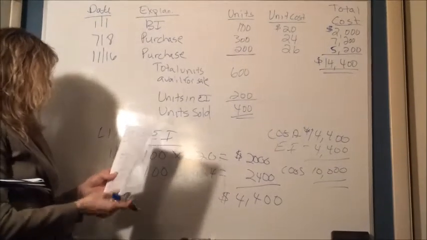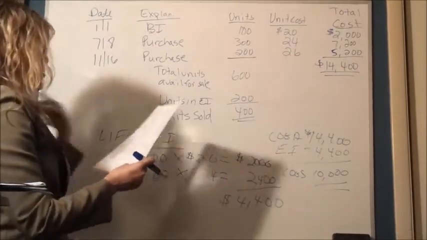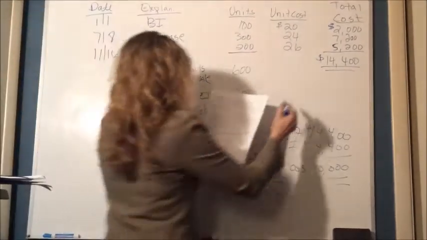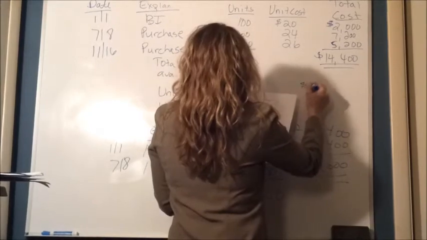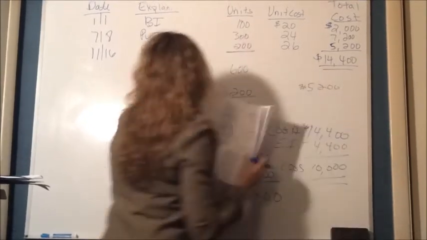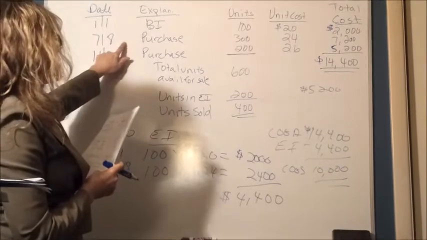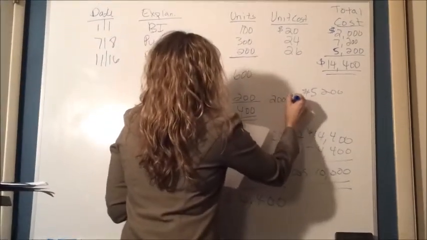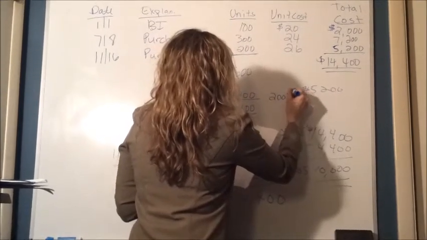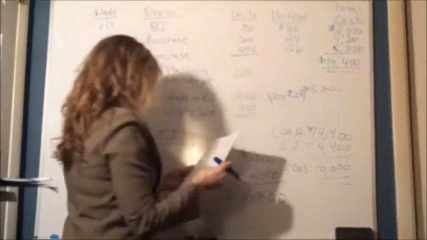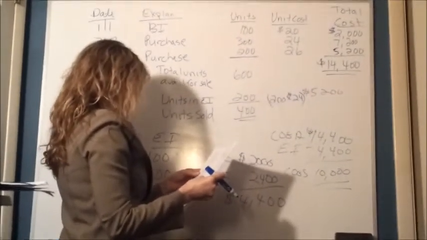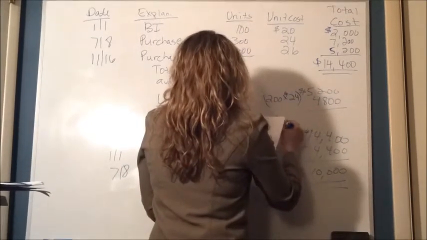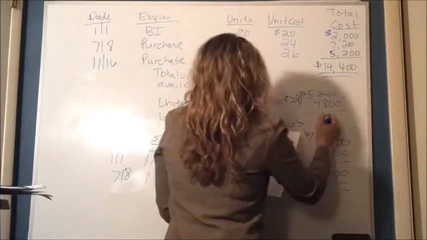Again, I can do this another way. I can simply look at my actual cost of goods sold, which would have been the purchases from November 16th, which were $5,200. And then I can take 200 of the units from my July 8th purchase, so 200 units times $24, and that would give me $4,800, and that would make my cost of goods sold $10,000.